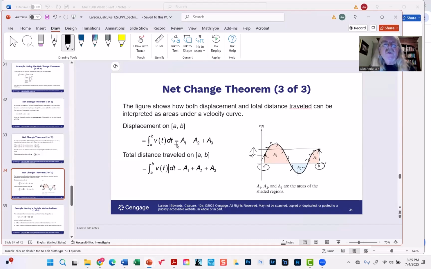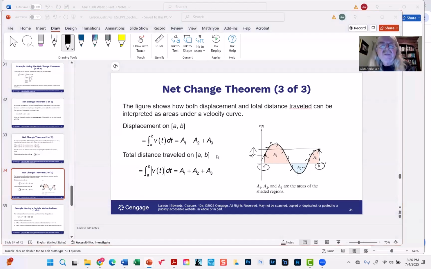So if you notice the two formulas look very similar to each other, the difference between the two is that with the displacement, where the curve is above the horizontal axis, that counts as a positive number. Below is negative. Down here, if you notice, they've written this as the absolute value of the t, which means that we're literally just adding up all three areas, and that will show us how far we had to travel to get from A to B.